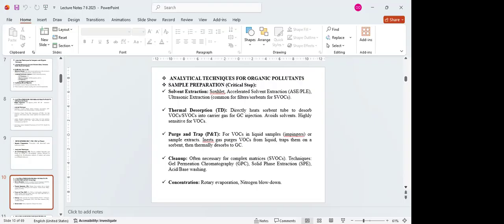Now, solvent extraction works on a principle where a material is contacted by pure solvents that have been boiled, volatilized, and condensed into the solvent extractor.